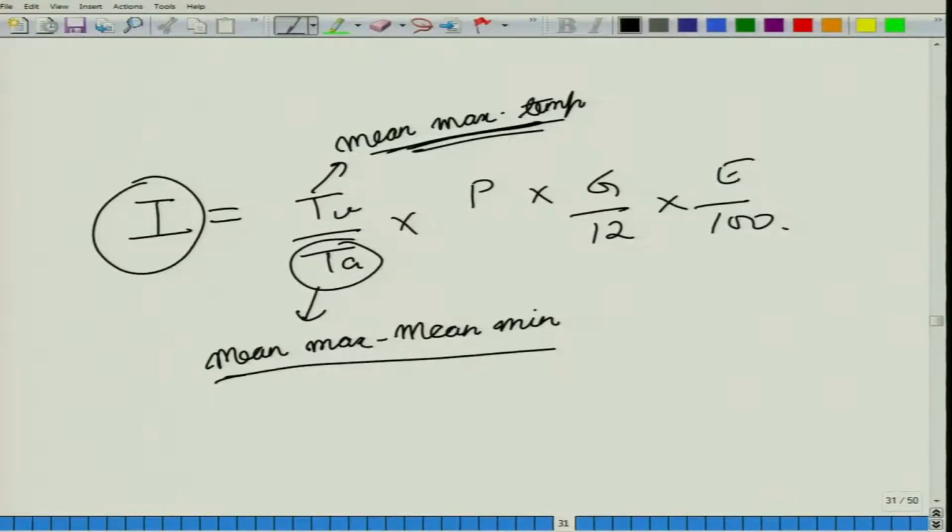You also have the mean maximum minus the mean minimum. If this value reduces, for example, if your trees throughout the year are experiencing the same temperatures, they will not be facing huge amounts of stress, because it is all in equilibrium.